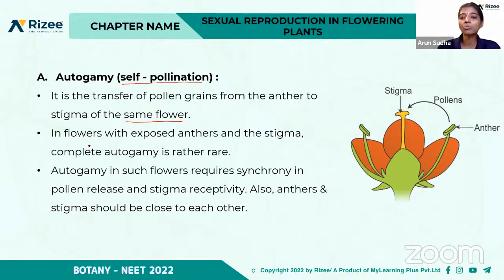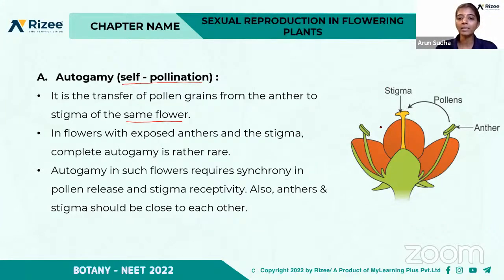In flowers with exposed anthers and stigma, complete autogamy is rather rare. What does it mean? If autogamy has to take place, there must be synchrony. That is, the pollen release and the stigma receptivity should happen simultaneously. Whenever there is a release of pollen, the stigma has to accept the pollen, right?